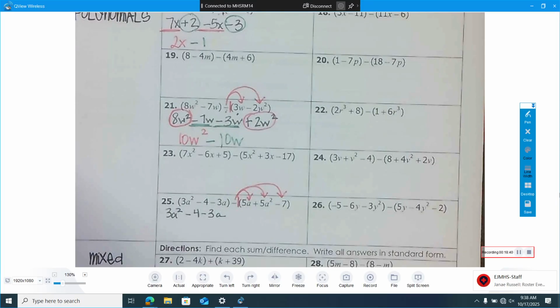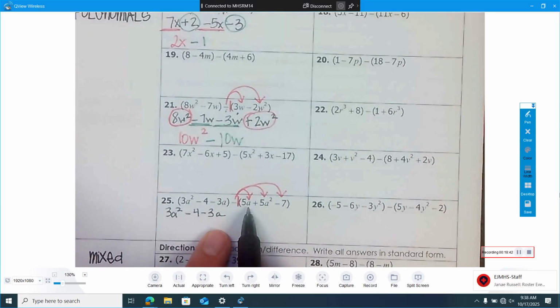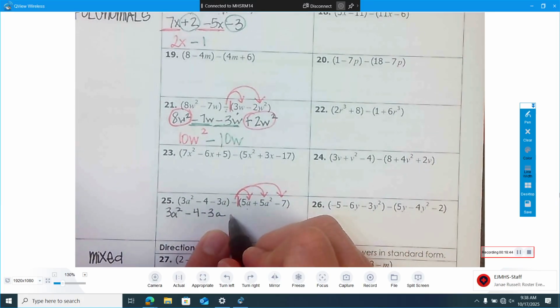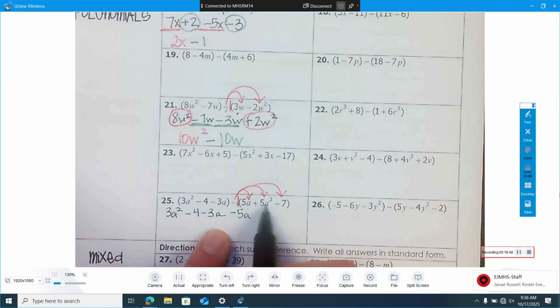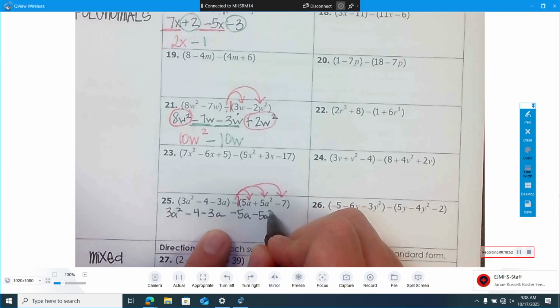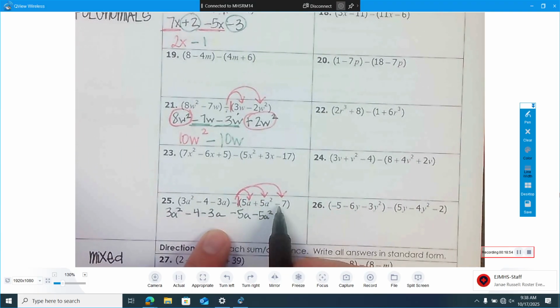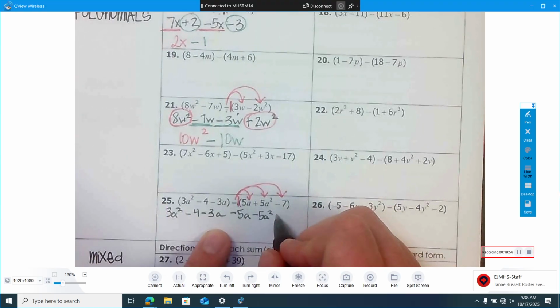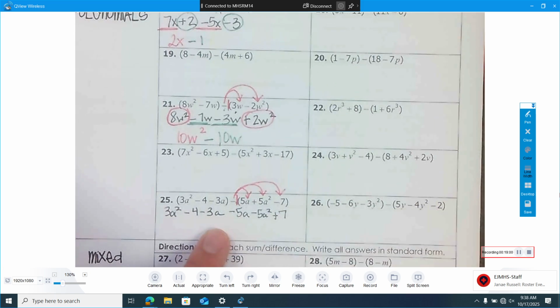And if we distribute the negative, negative times 5a is -5a, negative times 5a² is -5a², and then negative times -7 is positive. Negative times negative is positive. All those signs change. I'm going to start with the highest powers.